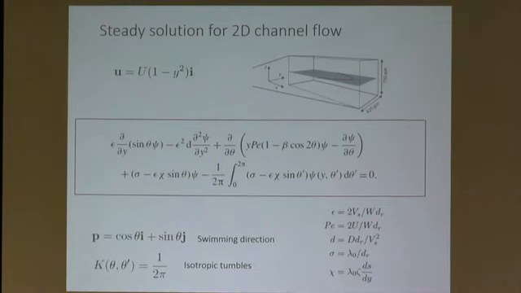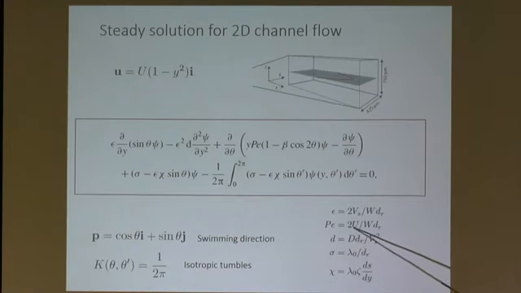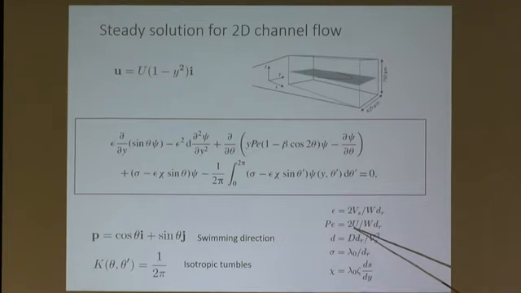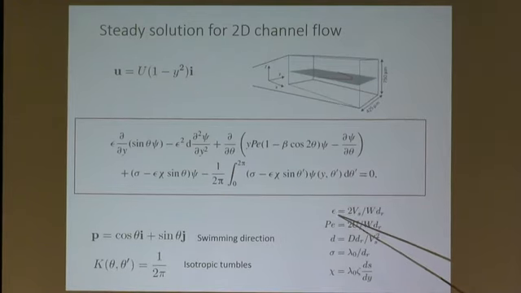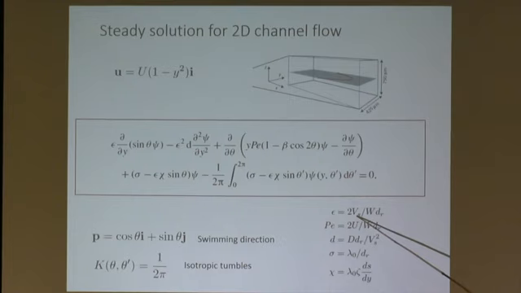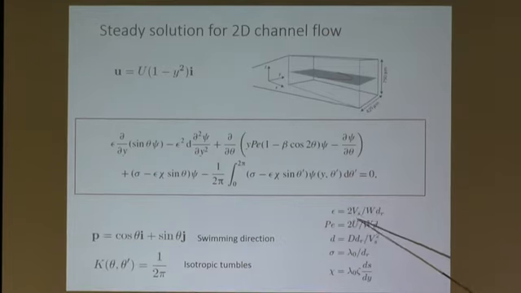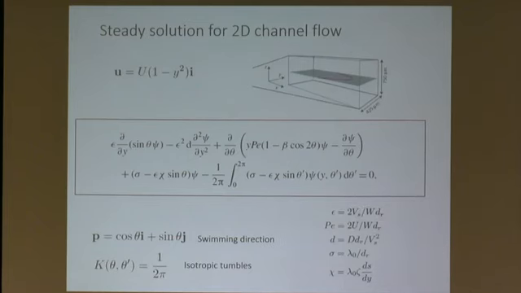The key parameters in the problem are Pe, the Peclet number, which represents how strong the flow is. And we have a parameter epsilon, which is usually small, and that is the swimming Peclet number. It represents how far cells typically move relative to the channel width before they reorientate due to rotational diffusion.